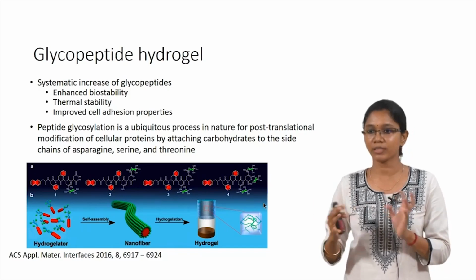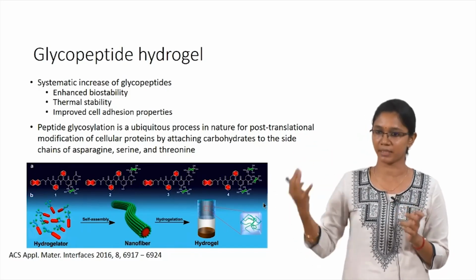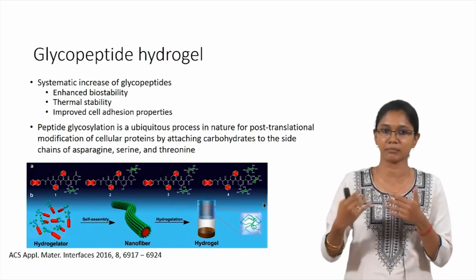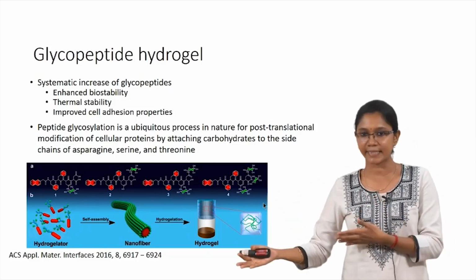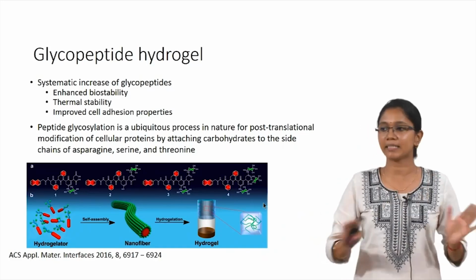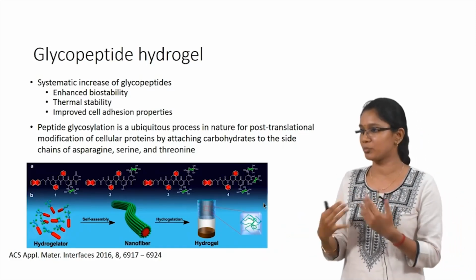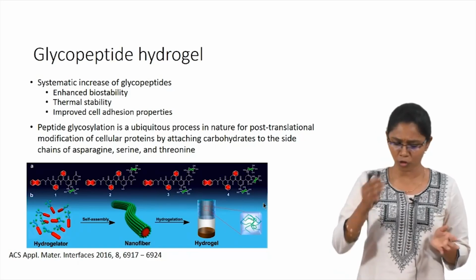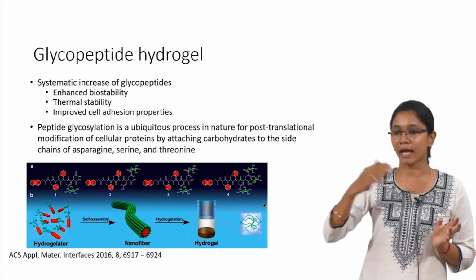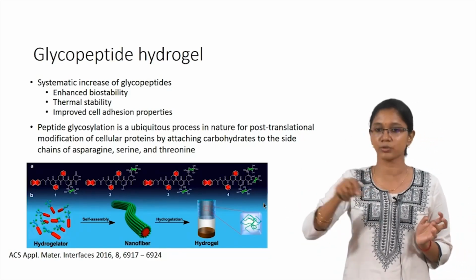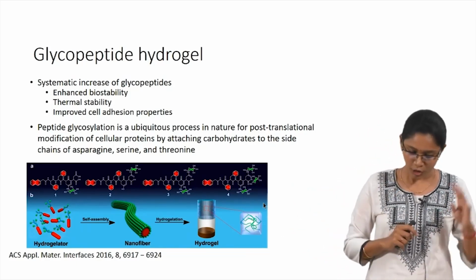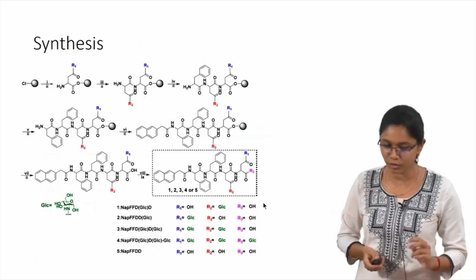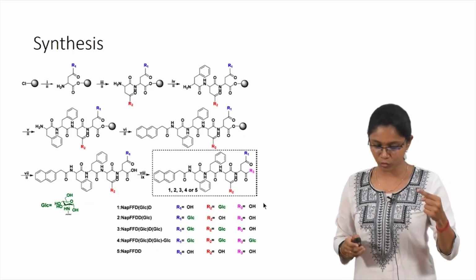The amide bonds are degraded by the enzymes present in our body when you take a peptide self-assembled system inside, though they are highly compatible because they are taken as our own. To improve the thermal stability and biostability, they tried using glucose molecules, and glucose is known to have no cytotoxic effects. There are 5 different molecules that they have planned: 1, 2, 3, 4, 5.